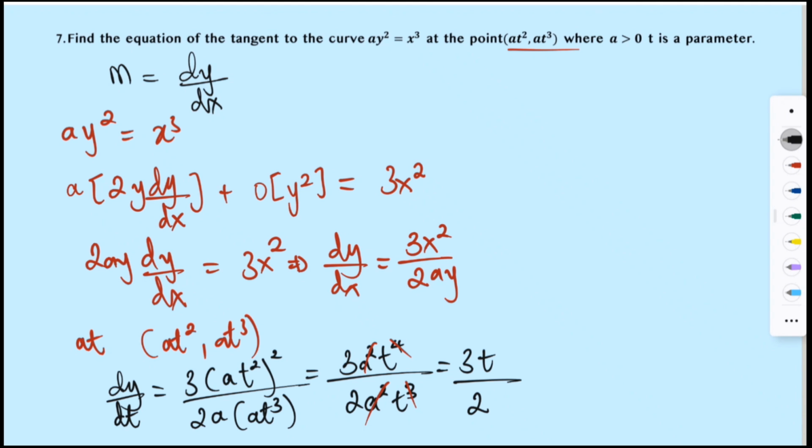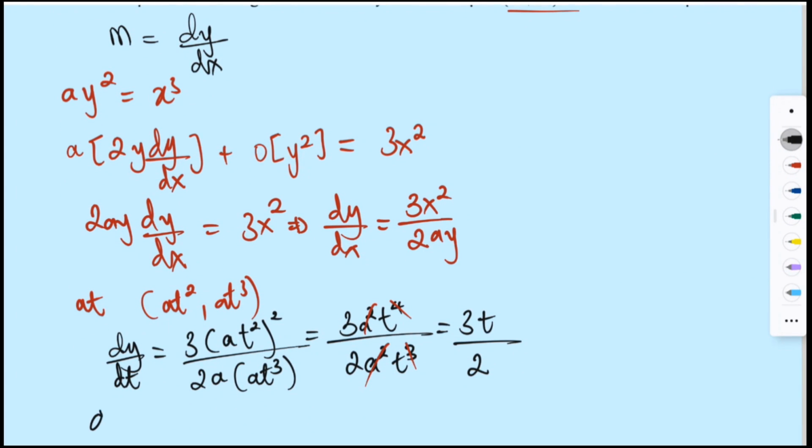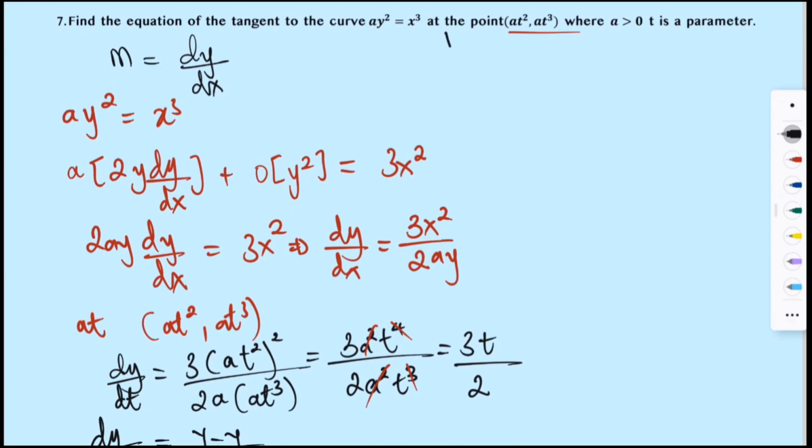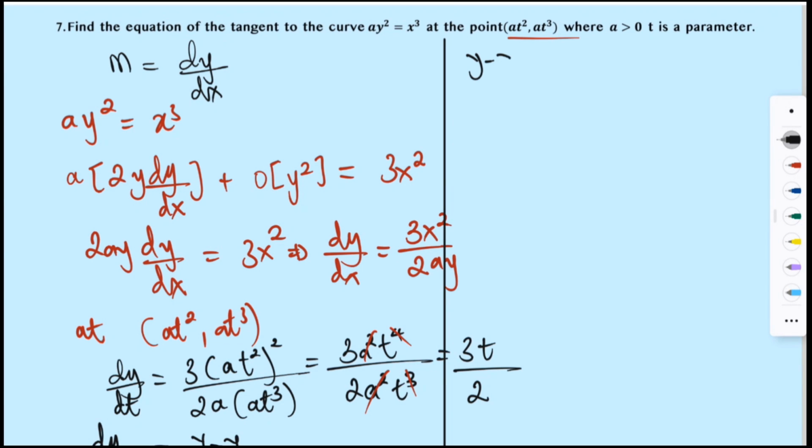Now that's the derivative. To find the equation of a tangent, you have to keep in mind that dy by dx is also equal to y minus y1 over x minus x1, right? Or you simply use the formula y minus y1 is equal to the gradient times x minus x1.